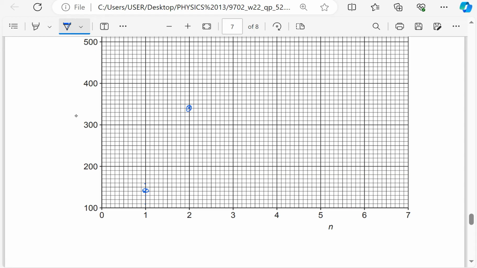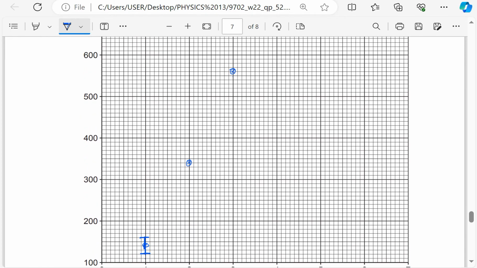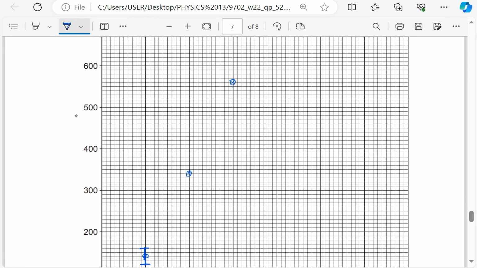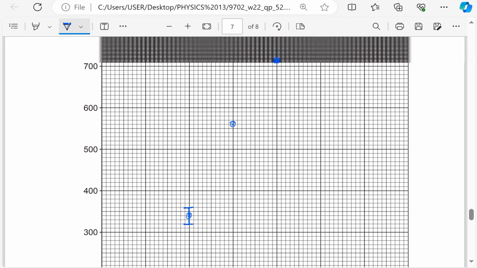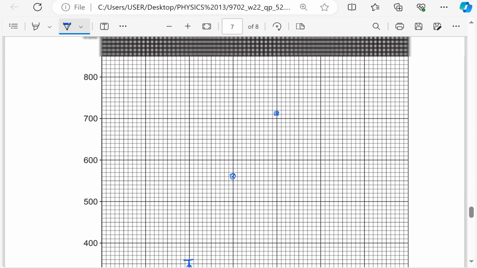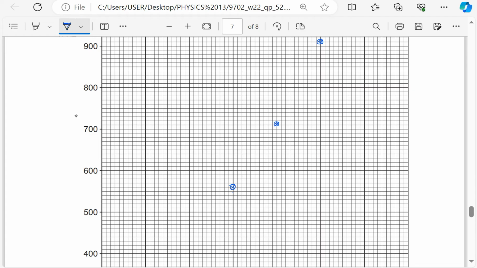So 20 is going to be this one here. The next one was also 20. The third one was 30. So those are 3 above and 3 below.